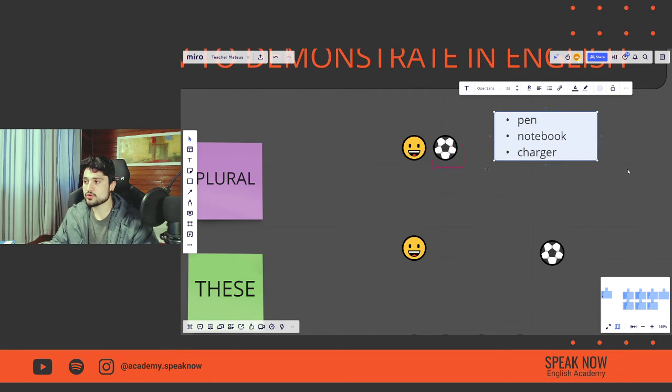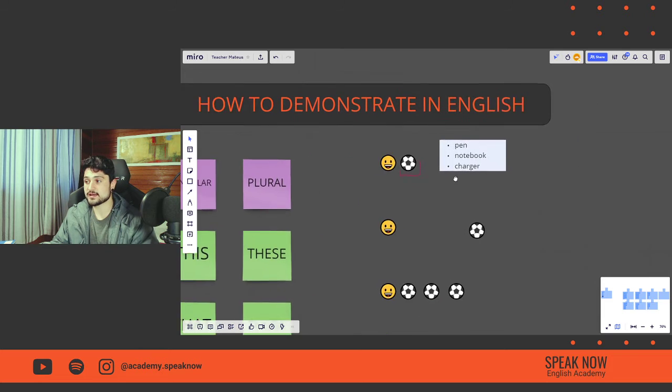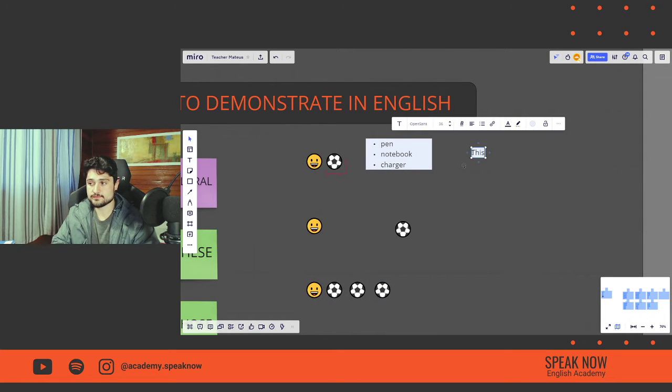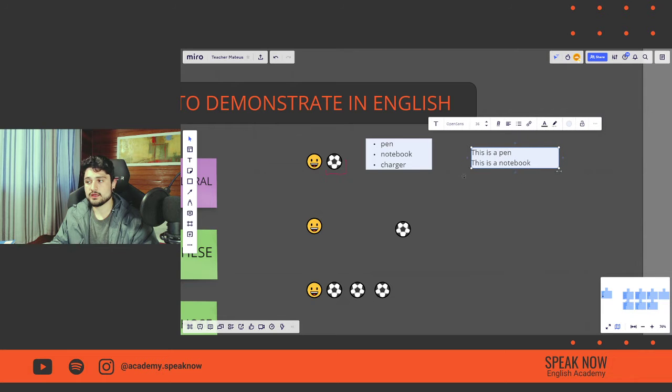So we would construct the sentence, guys, saying this is, and then we would use the article a or an, depending on whether the next word begins with a consonant or vowel sound. This is a pen. This is a notebook. And this is a charger.